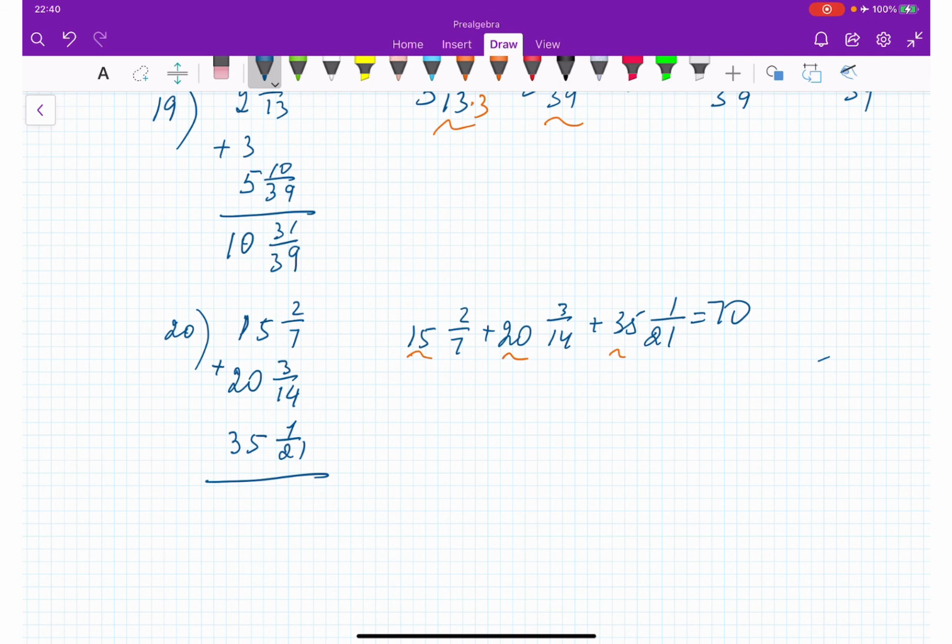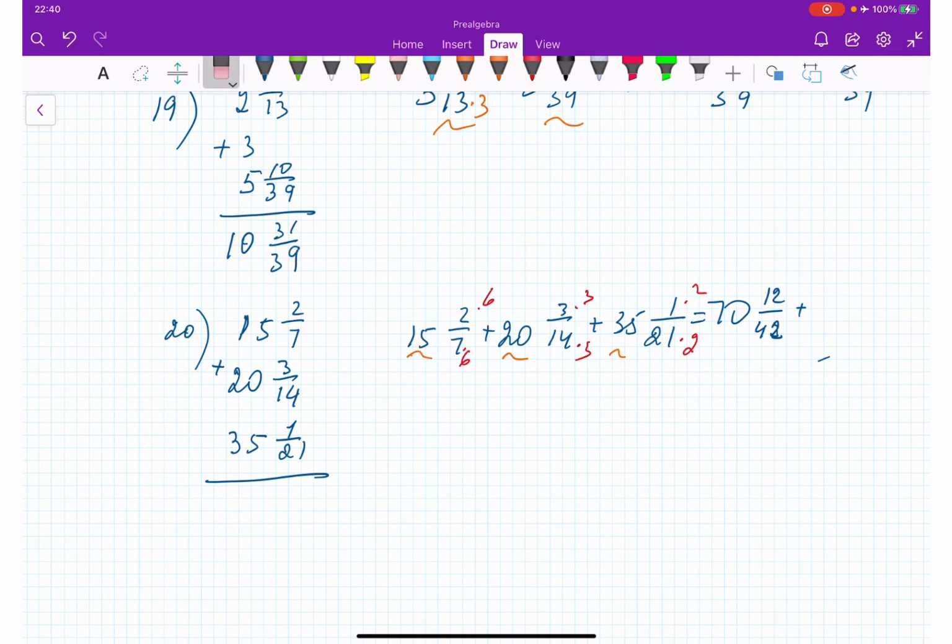Okay, so to get to 42, 7 I am multiplying by 6, which means here also by 6. Here I am multiplying by 3, which is also by 3. Here by 2 and by 2. Okay, result is going to be 12 over 42 plus 9 over 42 plus 2 over 42.